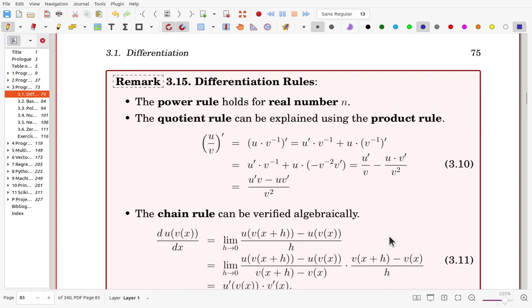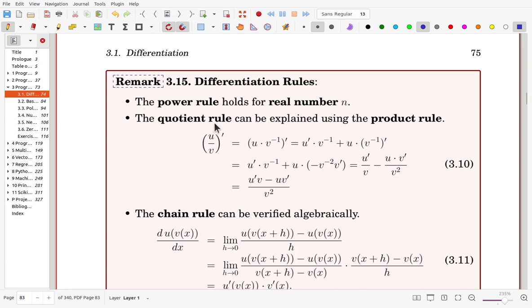Okay, here we again have algebraic derivation for derivatives. First of all, we say the power rule holds for real number n, not necessarily an integer. Just for a real number, we can use it.